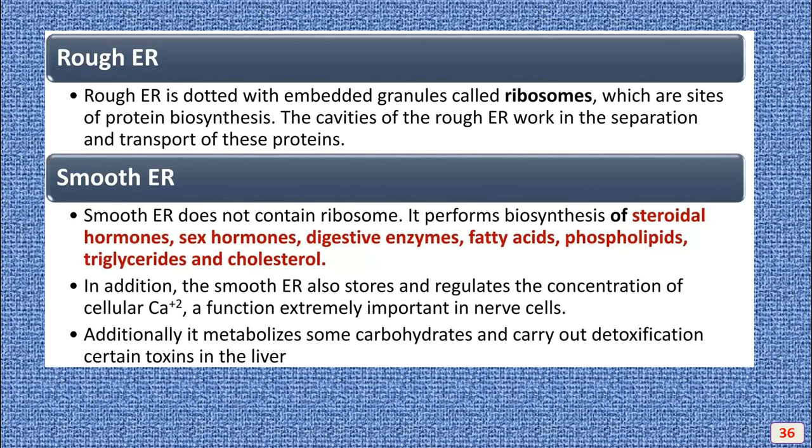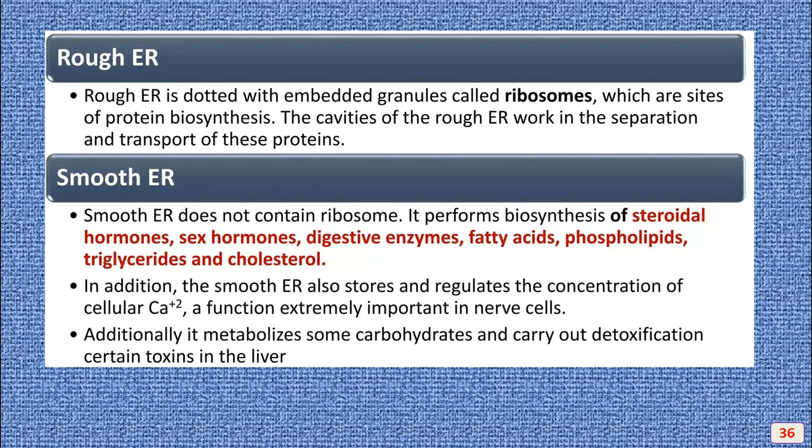But the smooth endoplasmic reticulum does not contain ribosomes. It deals with steroidal hormones, sex hormones, digestive enzymes, fatty acids, phospholipids, triglycerides, and cholesterol.